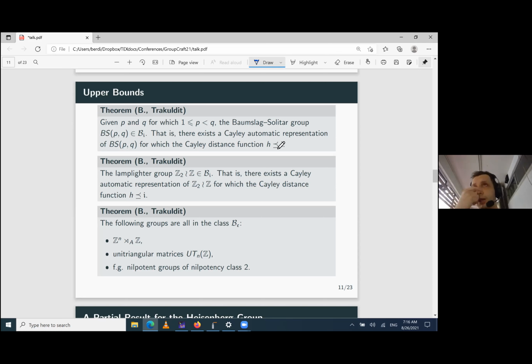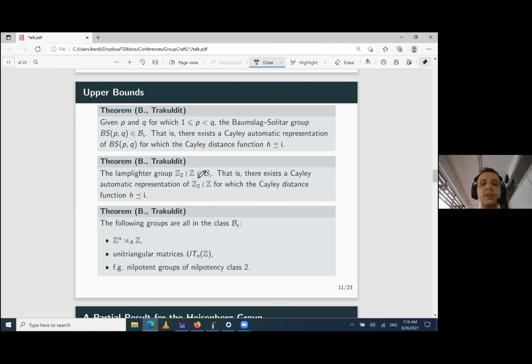So we couldn't get these results without these metric estimates. Well, and what does this actually mean? This means that for Baumslag-Solitar groups, it is sharp, right? So the linear function is the sharp lower bound. That's what we get from this result.